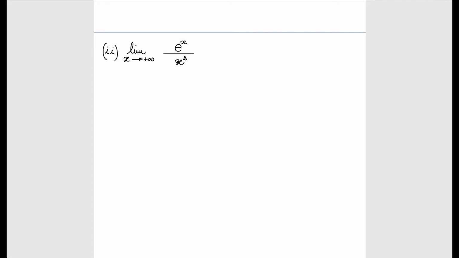And certainly x squared is not 0 downstairs as x becomes large. So by L'Hopital, this is equal to the limit as x goes to plus infinity of the derivative of the guy upstairs, let me write it just this time, the derivative of e^x is itself, divided by the derivative of x squared downstairs.